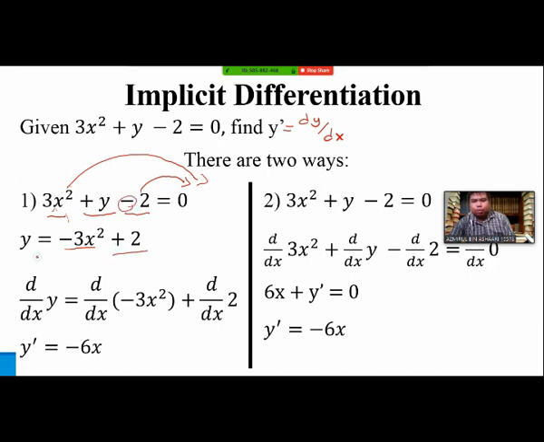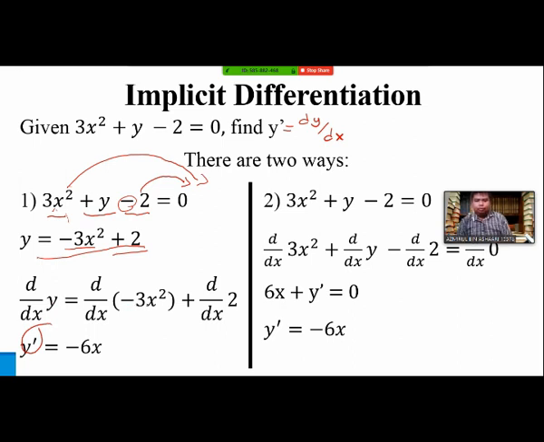So you get that y equal to negative 3x squared plus 2. And then you differentiate this y, this negative 3x squared and also 2 one by one, which is d per dx. Differentiate for y, it becomes dy dx or y prime.